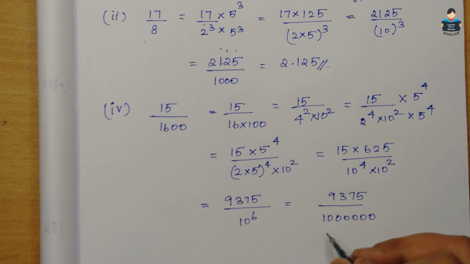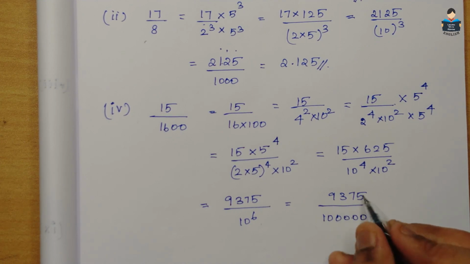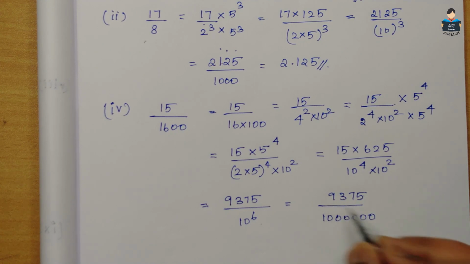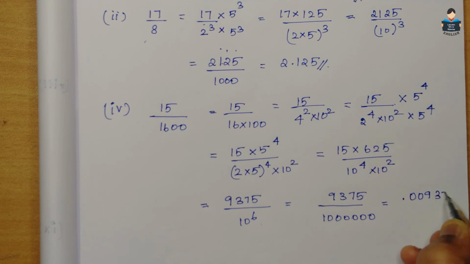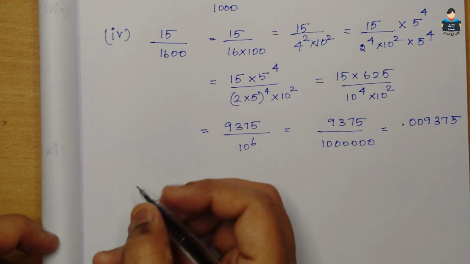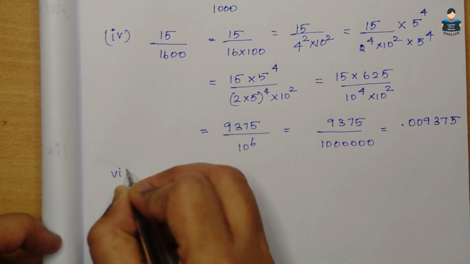So I have to place the decimal value after 6 digits. 1, 2, 3, 4. So I will add 2 zeros. So 0.009375.